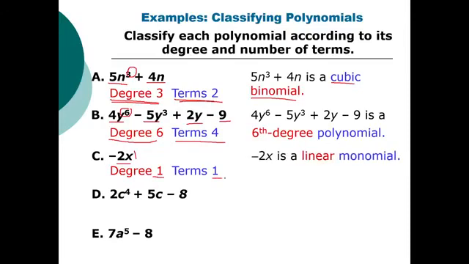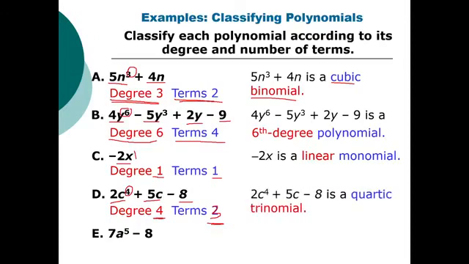For letter D, the degree is 4, and you have 3 terms. So this is a quartic trinomial. Correct?